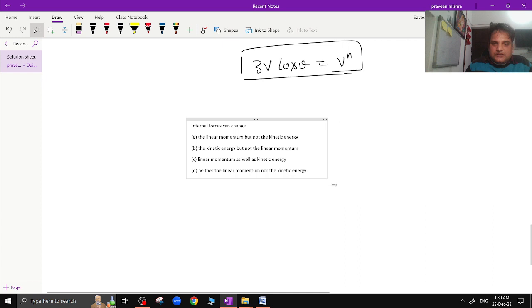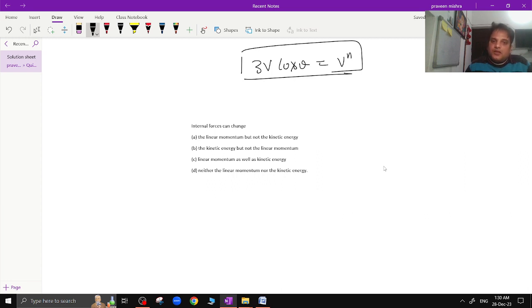Internal force can change what? Internal force can change the linear momentum but not the kinetic energy? Then momentum can't be changed because to change the momentum, external force is required. The kinetic energy but not the linear momentum? The linear momentum as well as kinetic energy? Neither momentum nor kinetic energy?